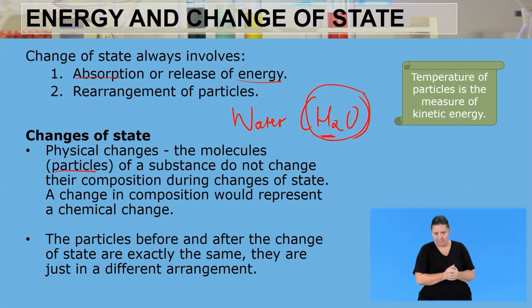Even in a gaseous state, when a liquid has turned into a gas, that gas still has molecules of water with the molecular formula H2O. The moment we start breaking that H2O into molecules of hydrogen and oxygen, this is a chemical change, because we have changed the composition of the molecule.